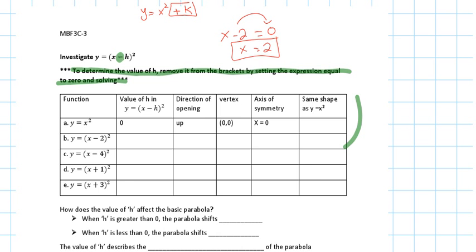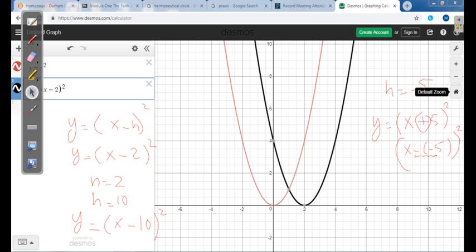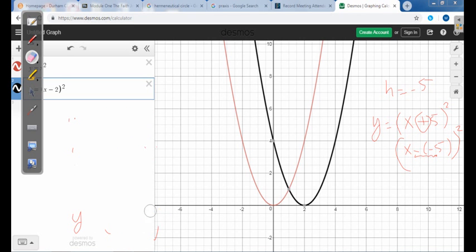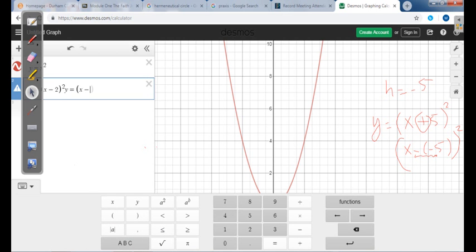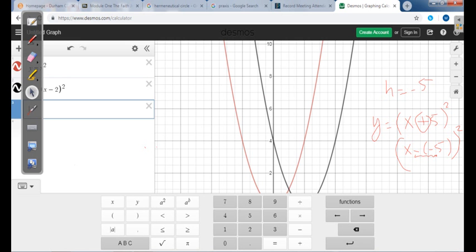Let me go back here. So what was my next one? x minus 4. y equals bracket x minus 4 squared.